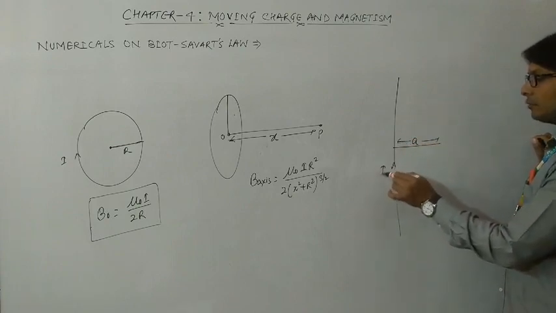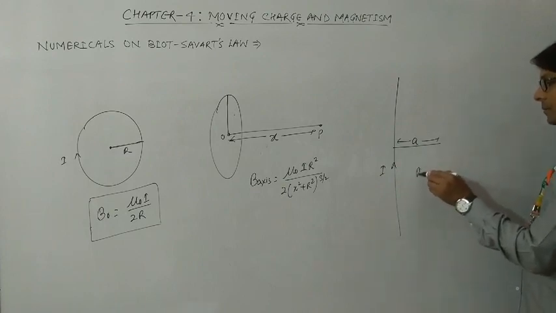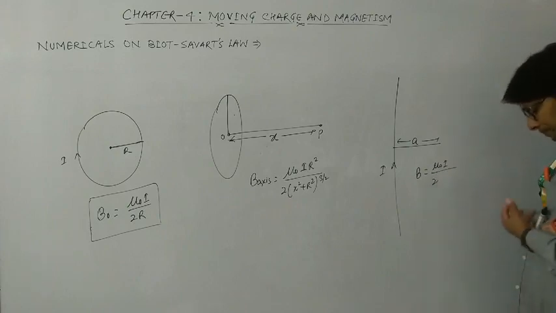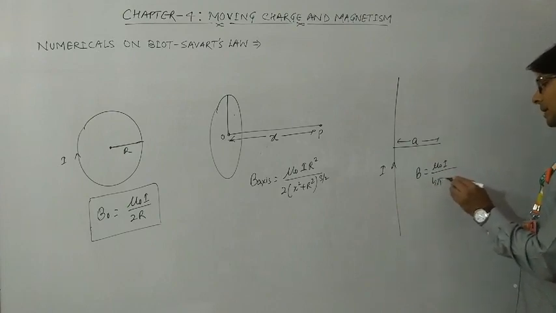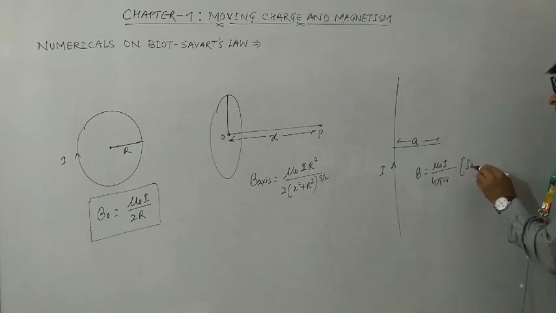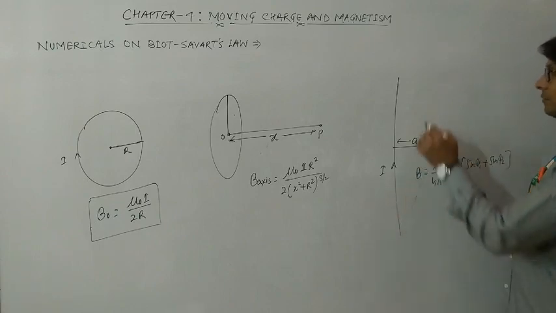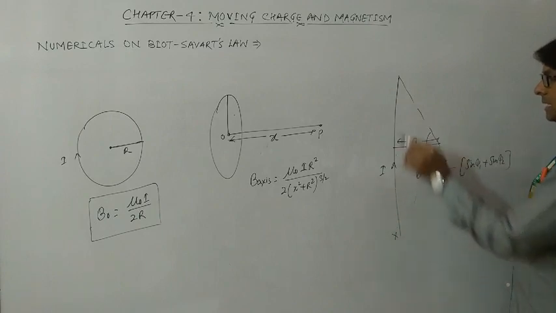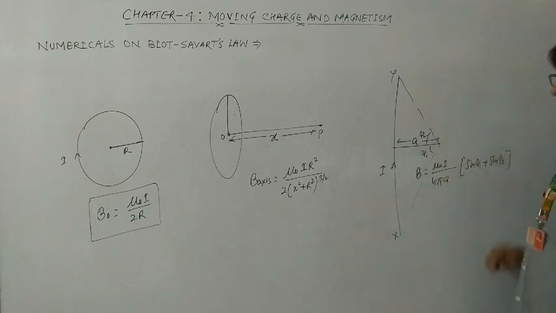If the current flowing through this wire is I, the formula we derived was B equals mu 0 I upon 4 pi a times sine phi 1 plus sine phi 2, where phi 1 and phi 2 are the angles from which this wire is extended.